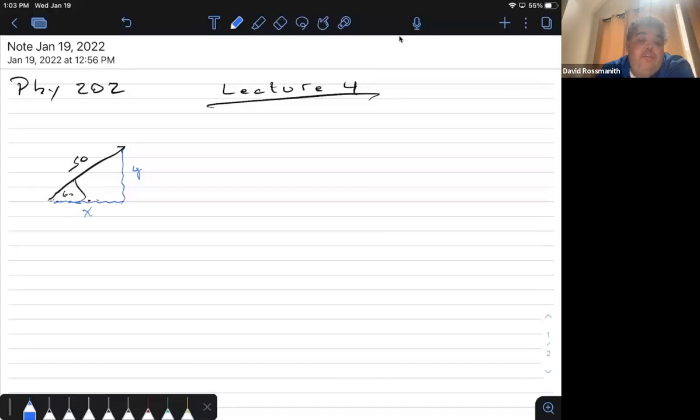Now, what you said for the magnitude is correct: if I want the magnitude of a vector, I would take the square root of the X component squared plus the Y component squared. However, if you already know the vector is 50 meters at an angle of 60 degrees, the 50 is the magnitude.